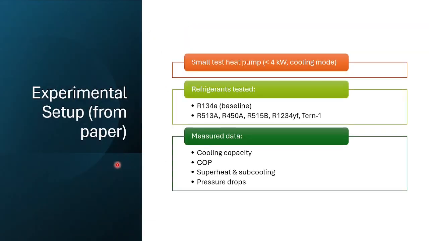Cycle_DHX is a semi-theoretical model that simulates the performance of a vapor compression cycle with forced convection heat exchangers for specified temperature profiles of heat source and heat sink. In this study, we validated Cycle_DHX using experimental measurements from a small, less than 4 kilowatt capacity heat pump test apparatus operated in the cooling mode.